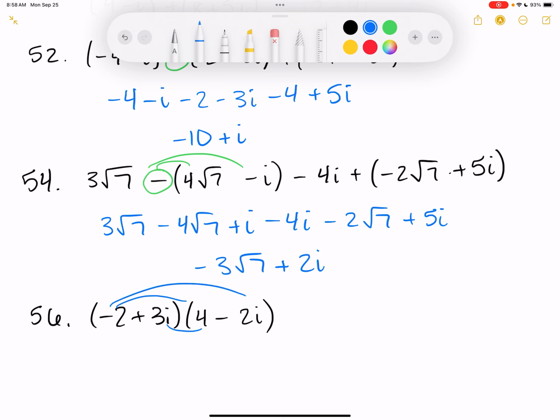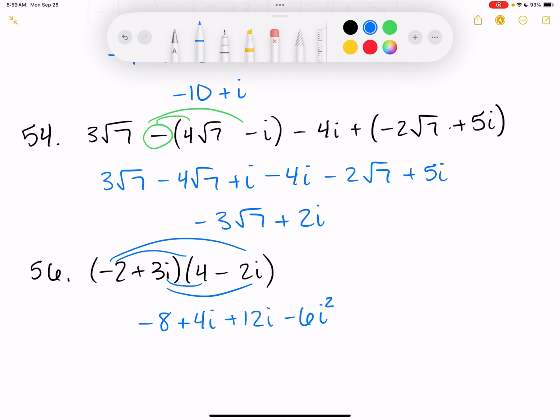all the things. Negative 2 times 4, so negative 8, negative 2 times negative 2i, so that would be plus 4i. Then 3i times 4, so that would be plus 12i. And then 3i times negative 2i would be negative 6i squared.